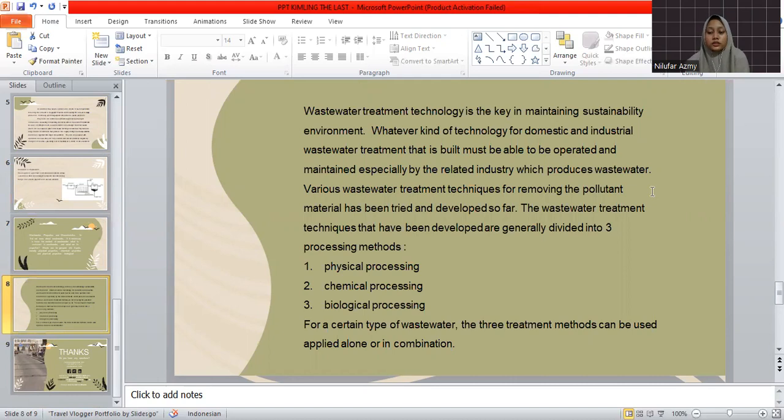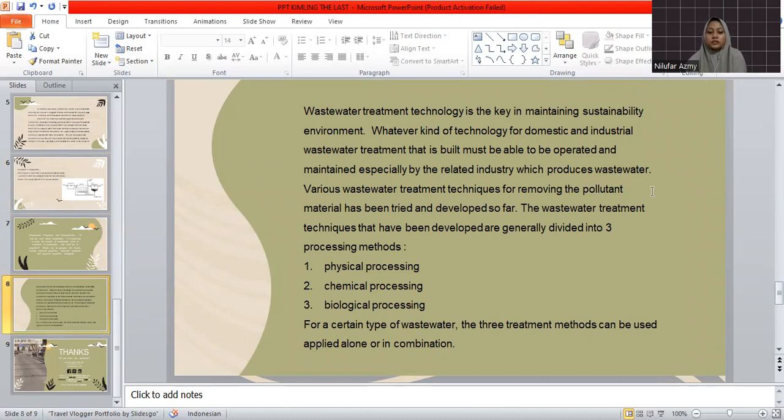The wastewater treatment techniques that have been developed are generally divided into three processing methods. The first, physical processing, the second, chemical processing, and the last, biological processing.